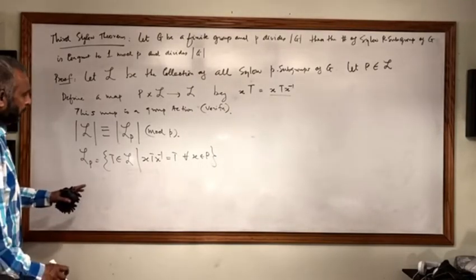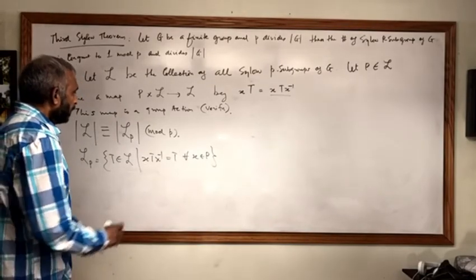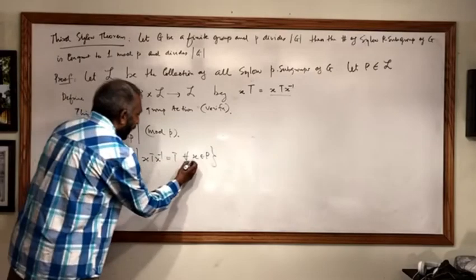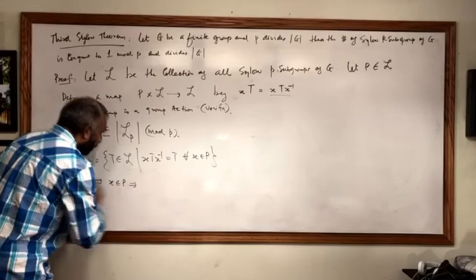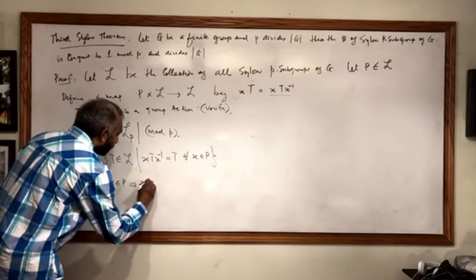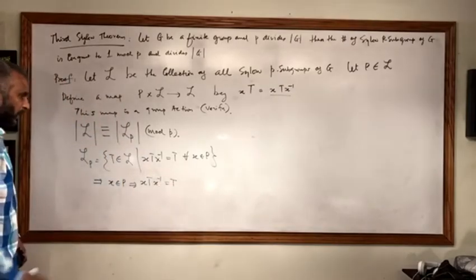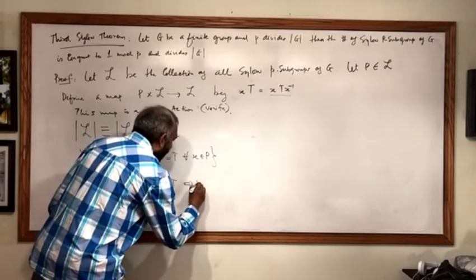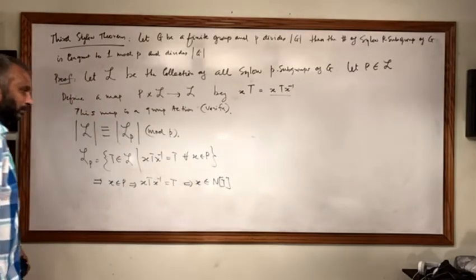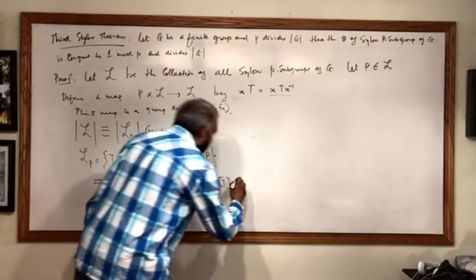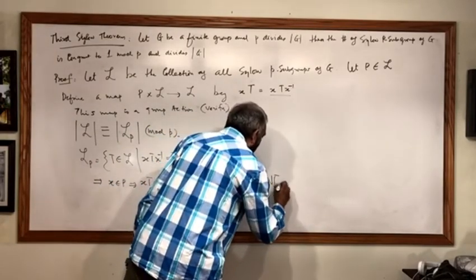But what does this mean? If x belongs to P, this implies x T x inverse is equal to T, and that implies x belongs to N_T, and that implies P is a subgroup of N_T.